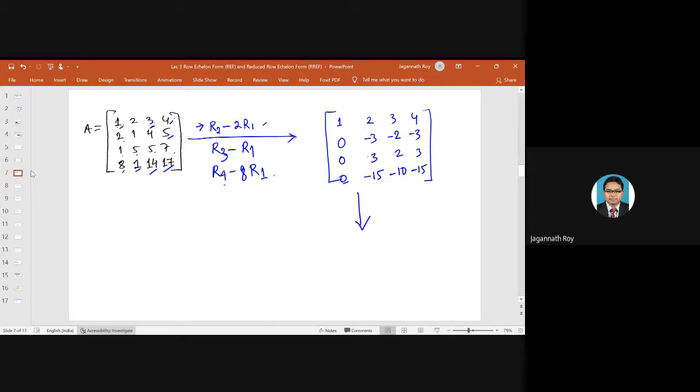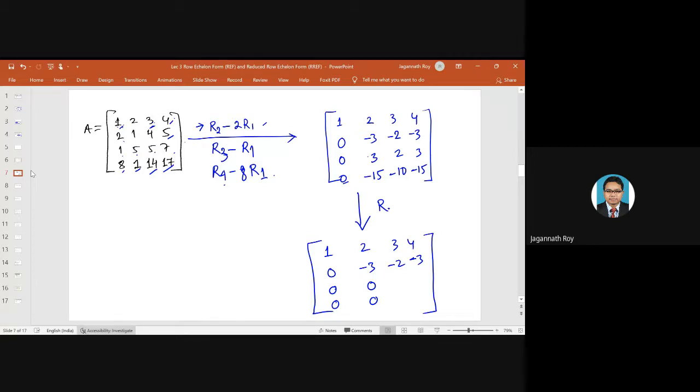So here, what you can do in the next step, let us write the entries 1, 2, 3, 4. Then 0, minus 3, minus 2, and minus 3. We have 0 already here. Now, if we get 0 here, then we will be very happy. Okay, it will satisfy property 1.